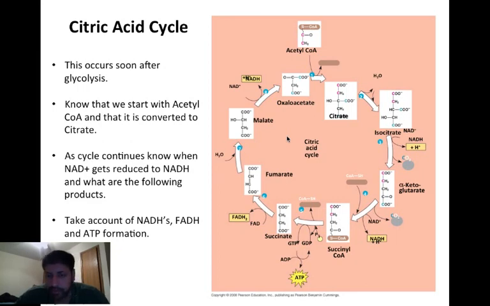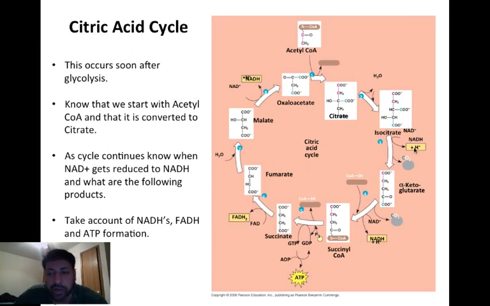That's the order. Then I want you to know where within this process we make NADH and when we make FADH. So we generate NADH when we go from isocitrate to alpha-ketoglutarate.